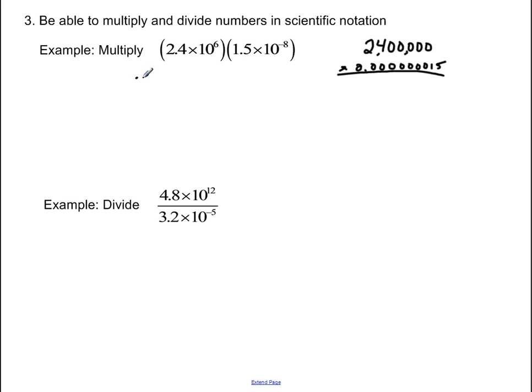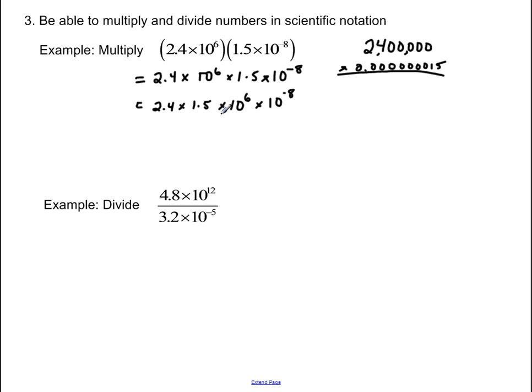So this could actually be treated as 2.4 times 10 to the 6th times 1.5 times 10 to the negative 8th, which is to say we could treat our coefficients separately, multiplying 2.4 times 1.5 and multiplying that by the result of our multiplication for our exponentiated numbers, 10 to the 6th times 10 to the negative 8th. What does that mean?